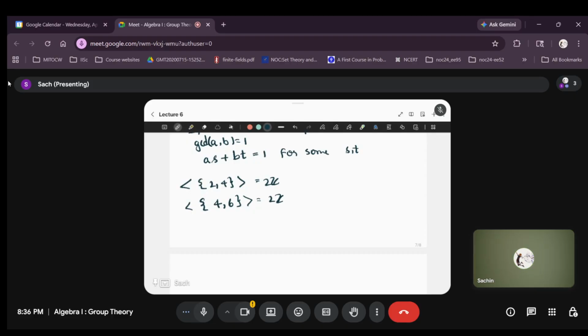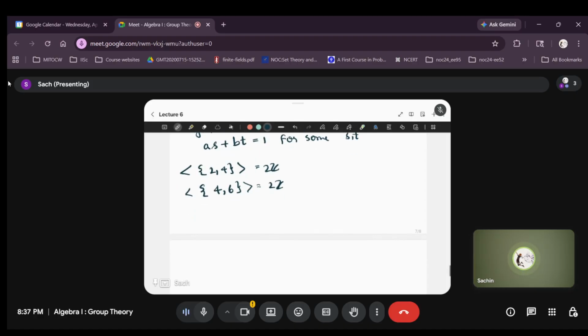GCD is the smallest number that divides all three numbers or four numbers, however many generator numbers you have taken in the set S. We haven't shown it, but I think you could show that even in that case, the GCD would be the smallest positive number that can be written as a sum of multiples of the elements in the set S. So again, even in that case, it will simply be the subgroup generated by GCD of the elements in that set S.